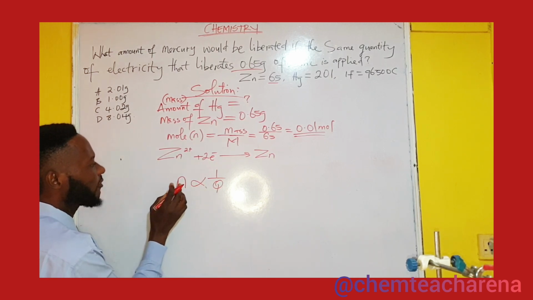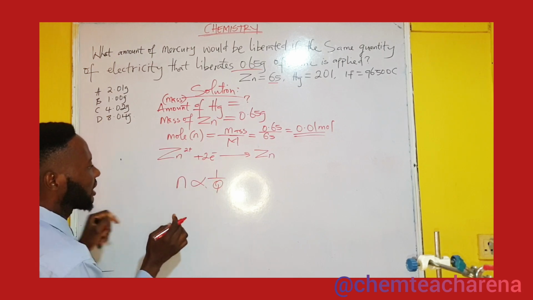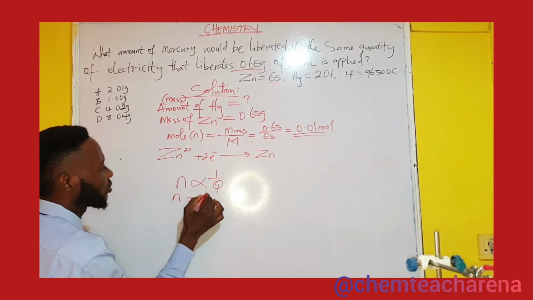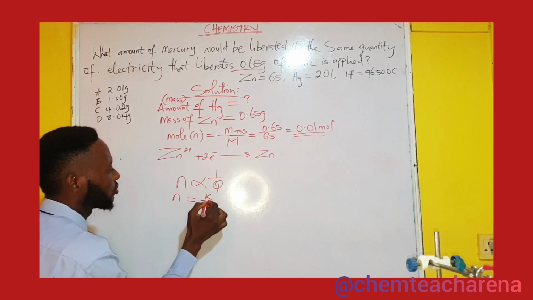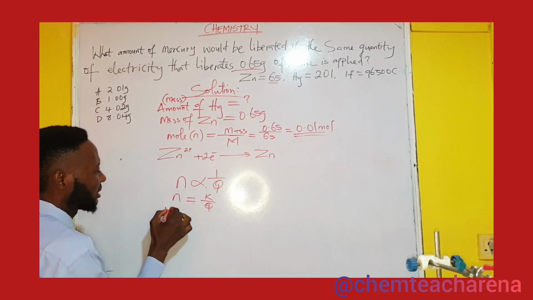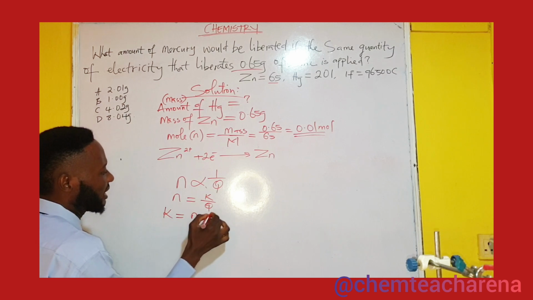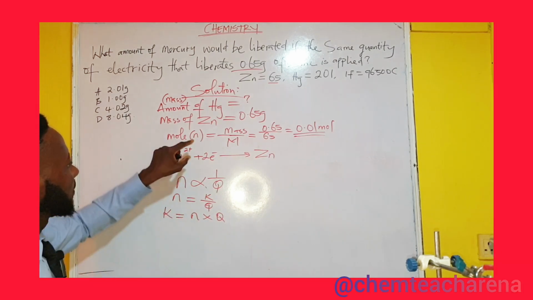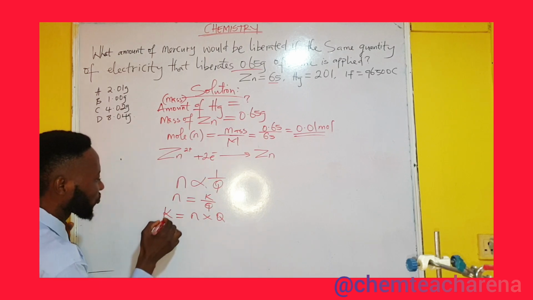Now this is the law: the number of moles is inversely proportional to the charge. Let's remove the sign of proportionality. We have n equals k over Q, so k equals n times Q. What is our k?